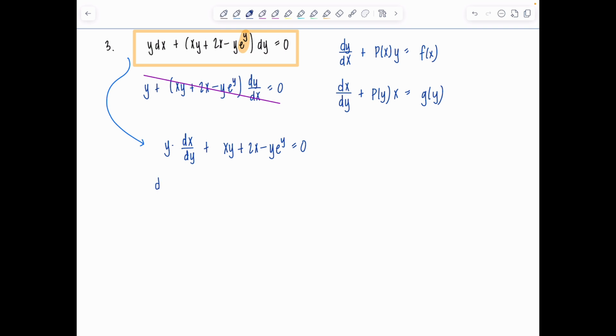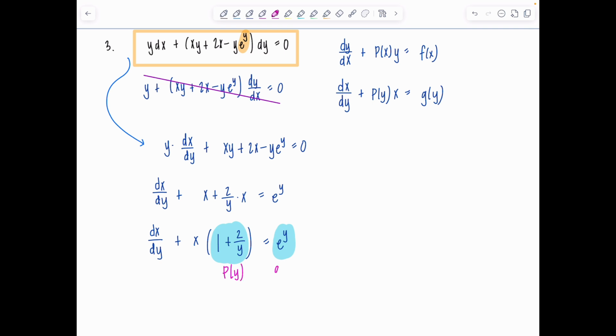So dx dy plus, this is going to be x plus 2 over y times x equals e to the y. And then now we're pretty much there. So dx dy plus, if I factor out the x, then I have 1 plus 2 over y equals e to the y. So boom, right here, this is my p of y, and this is my g of y. P of y, g of y.